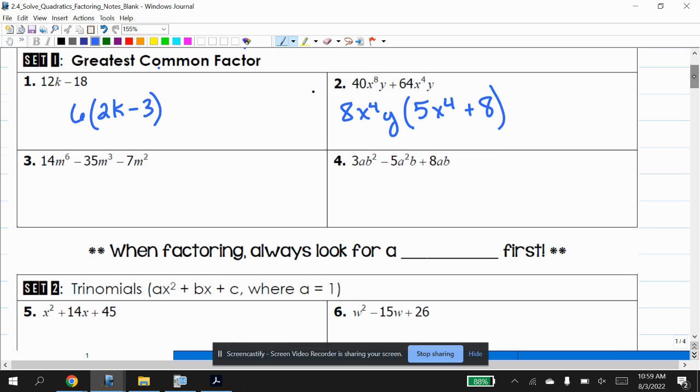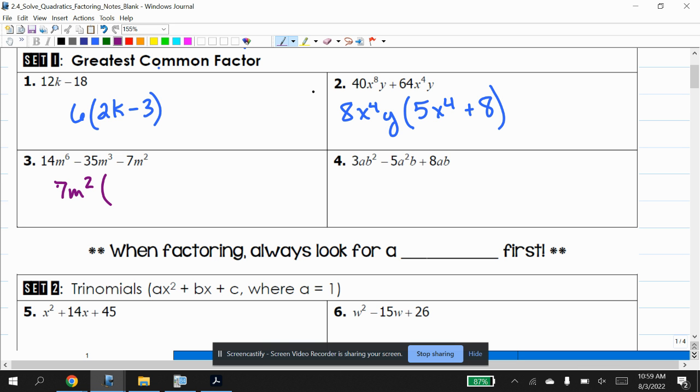Okay. Let's try number 3. Got a trinomial. It's got 3 terms. We're just going to factor out the GCF on this one. So 14m to the 6th, 35m to the 3rd, and a 7m squared. 7 goes into all of those. How many m's? 2. 7m squared. What's left over?